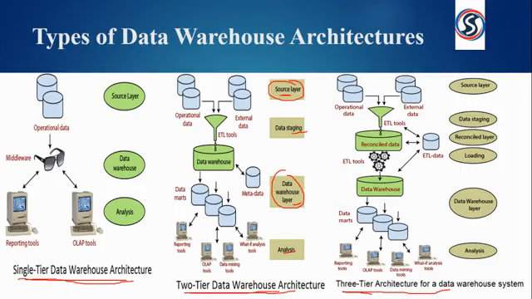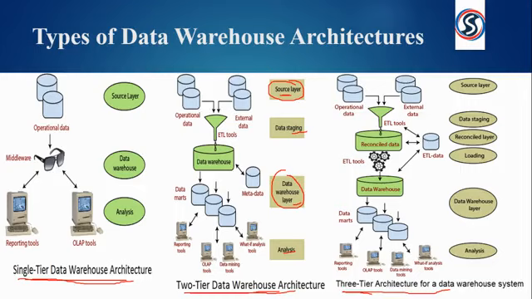So here the middle tier include an online analytical processing, that is OLAP, server. So this level alter the data into the more suitable arrangement for the analysis and multifaceted probing from a user perspective.